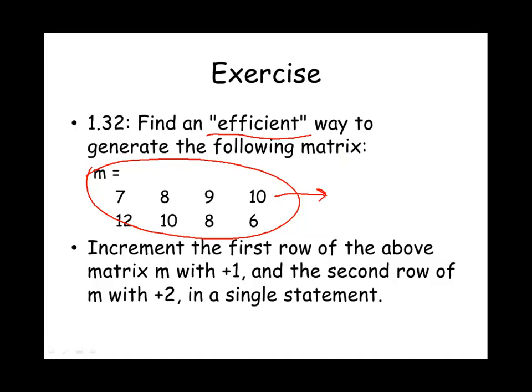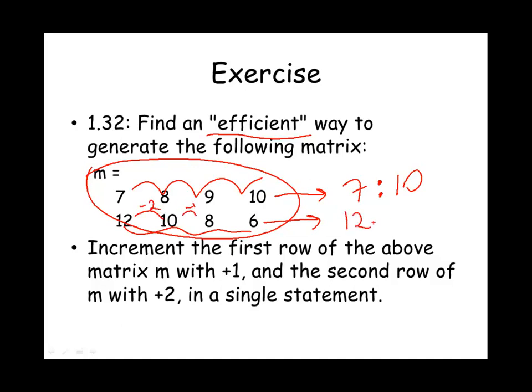If you look at the top row, it contains numbers from 7 to 10 with increments of 1. So we can write it as 7:10. And the second row contains numbers from 12 to 6 with a step size of -2.